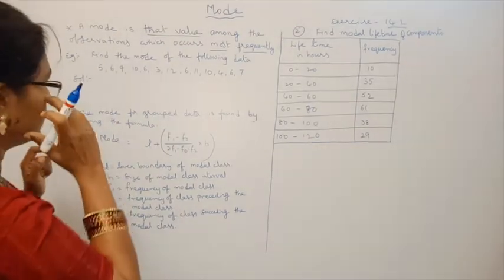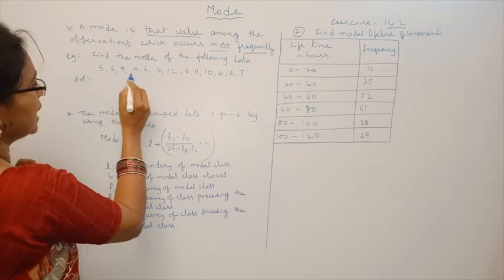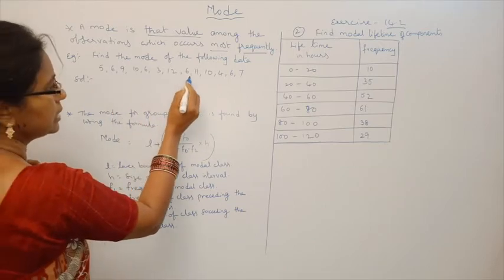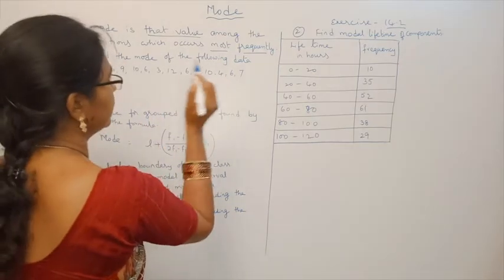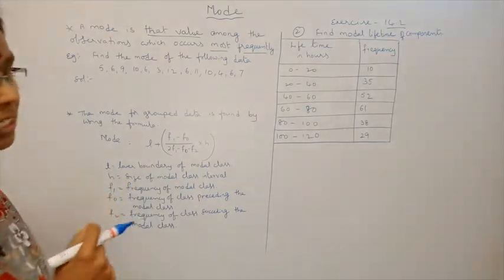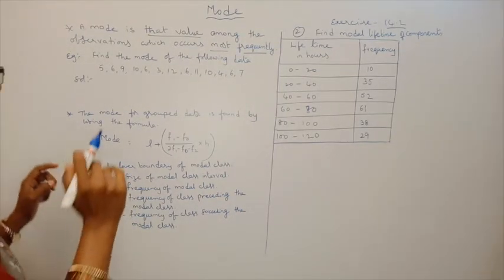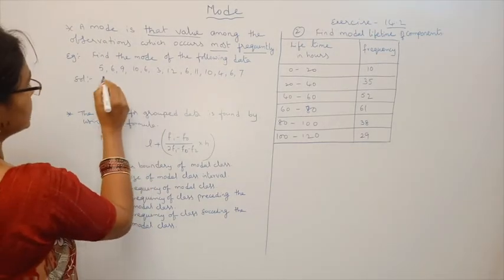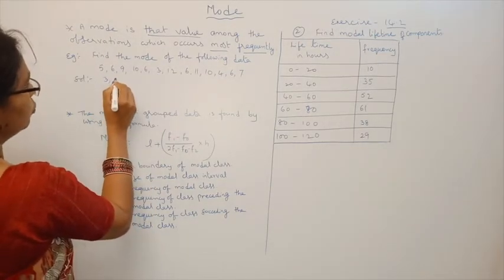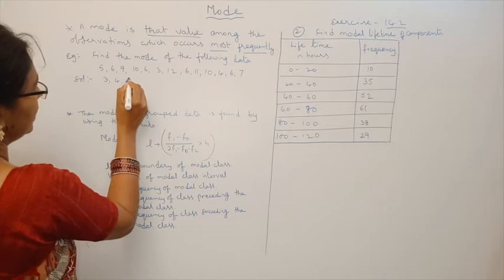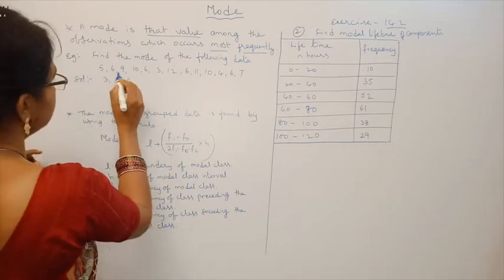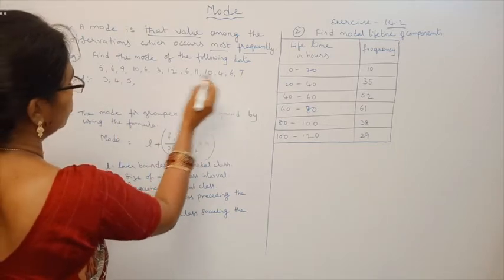Now suppose one example: 5, 6, 9, 10, 6, 3, 12, 6, 11, 10, 4, 6, 7. In this, which observation is repeated more? First we have to write them in order. The smallest is 3, then 4, 5, and 6 occurs 1, 2, 3, 4 times.